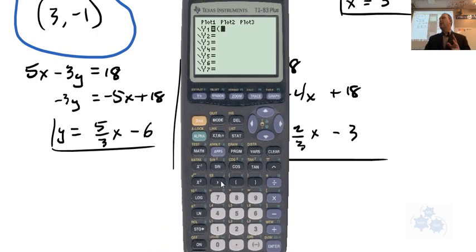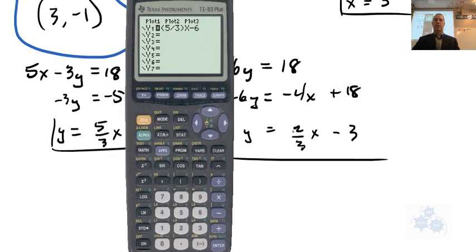When you're plugging these in, please use brackets for your fractions or your coefficients. So bracket 5 divided by 3 bracket x, minus 6. That's the first one. The second one is bracket 2 divided by 3 bracket x minus 3.